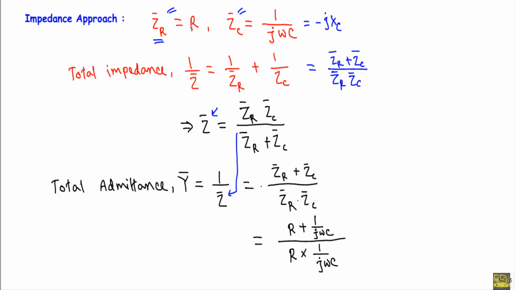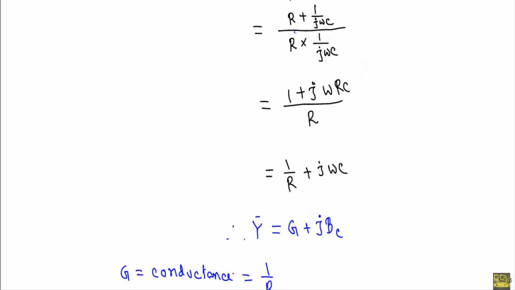ZR is equal to R, and ZC is equal to 1 over j omega C. If I put those two values, I will get R plus 1 over j omega C over R into 1 over j omega C. If I take the LCM and cancel out the terms, I will get 1 plus j omega RC over R. Therefore, if I separate out the terms in the numerator, I will get 1 over R plus j omega C. The total admittance will be equal to 1 over R plus j omega C. We know that 1 over R is the conductance, which is G, and this omega C is the capacitive susceptance, which is BC.